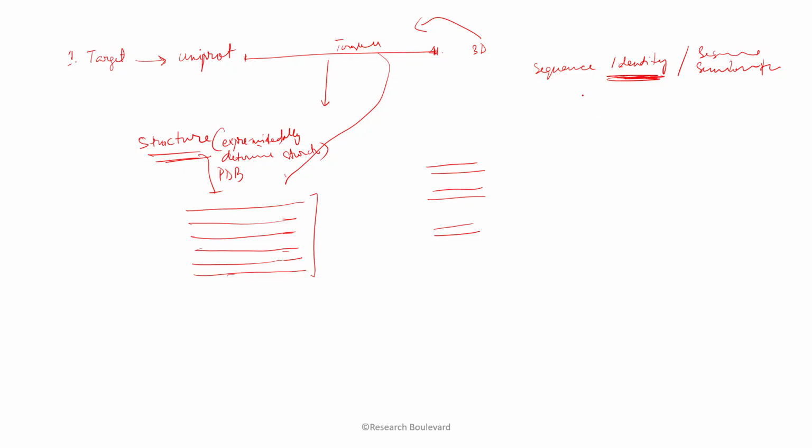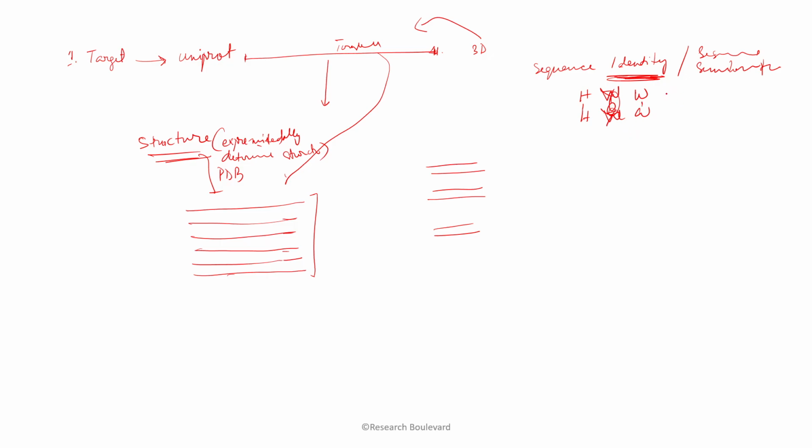Sequence identity means you have histidine here, you have histidine here. You have tryptophan here, you have tryptophan here. Tryptophan is W, I guess. Y is tyrosine, right? So these are identical residues.